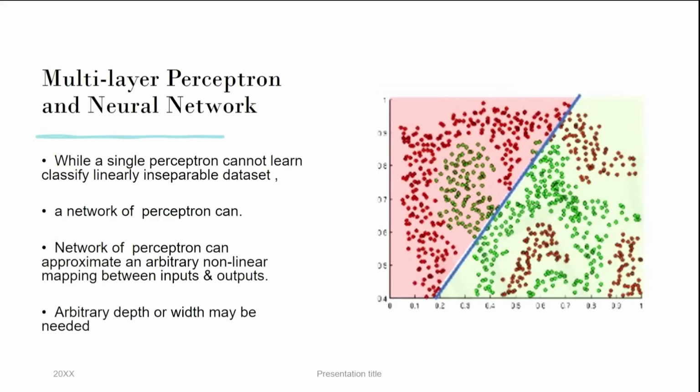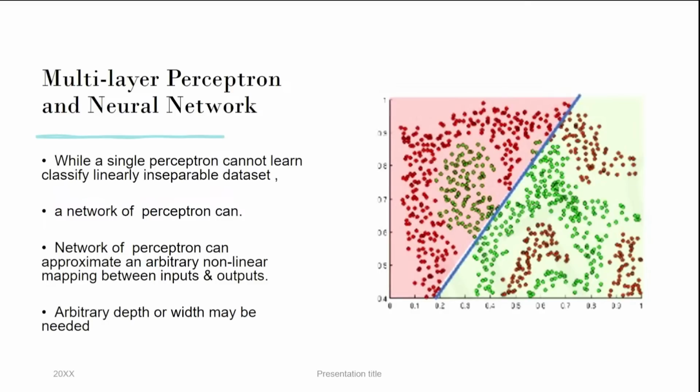But real world data sets will not all be linearly separable. So this paper proved that a single neuron cannot learn to classify linearly inseparable data sets. I think this led to what we call the winters in AI.